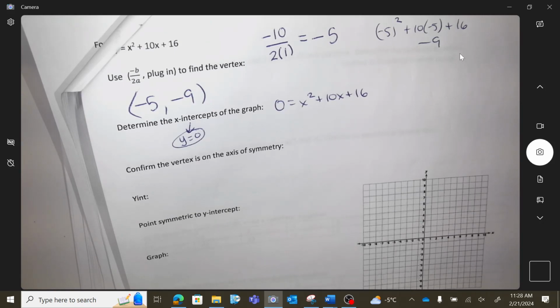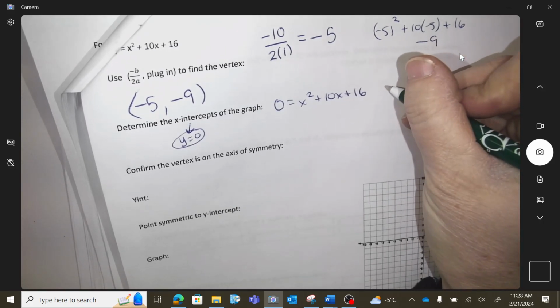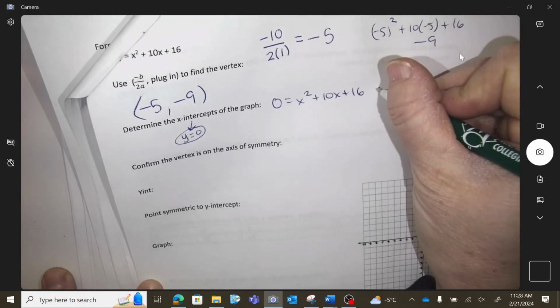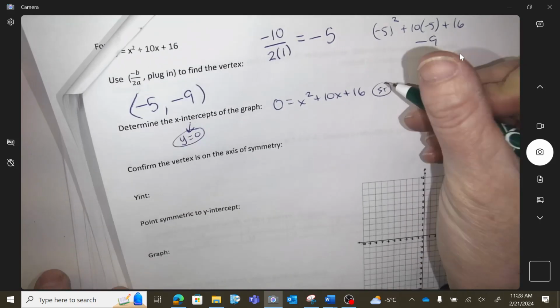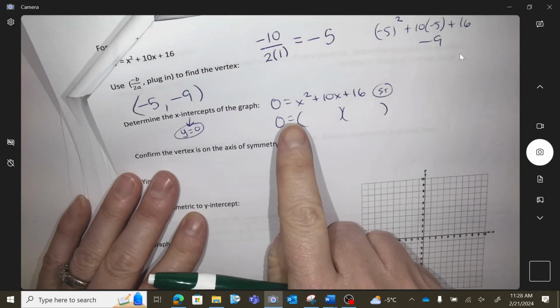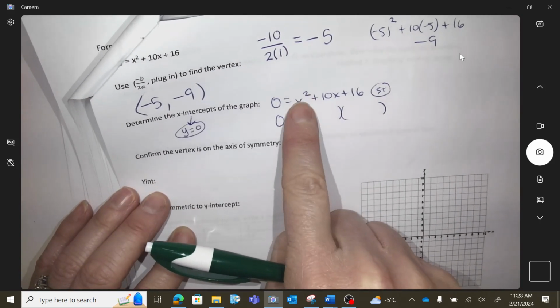Okay, so what is your math strategy that you have in your tool belt? Factor it. Okay, can you identify the style? Simple trinomial. I need 2 brackets. Your first times your first gets you x squared.